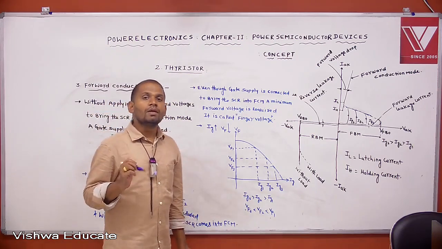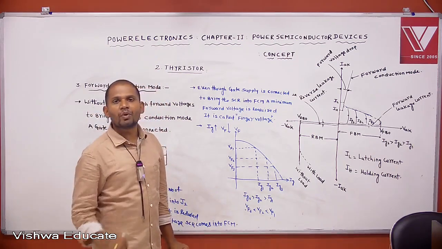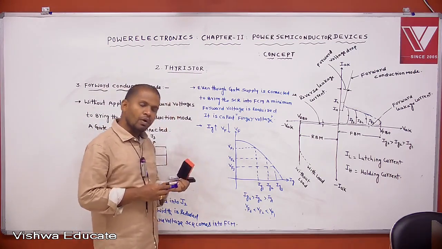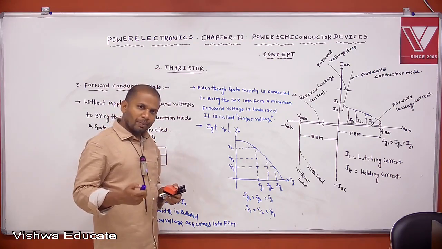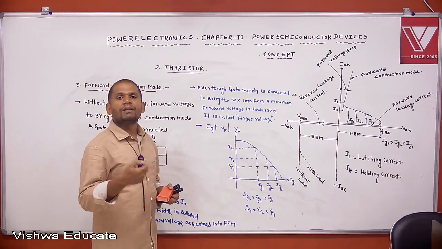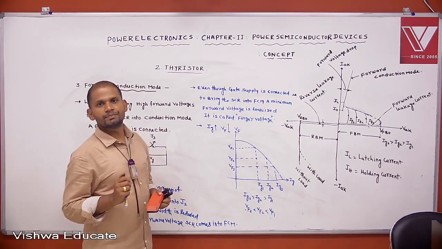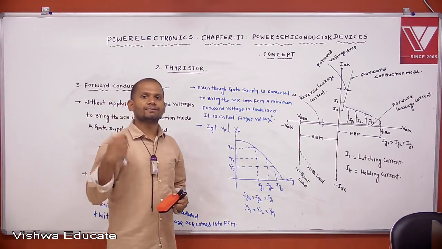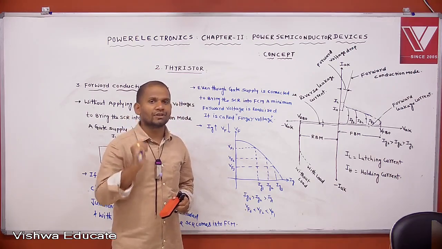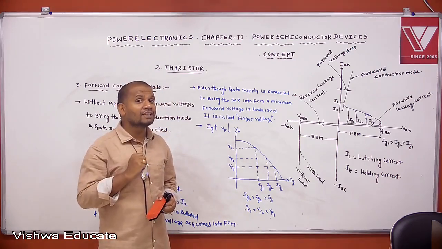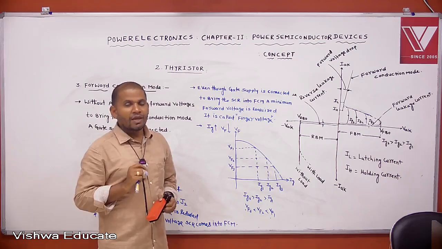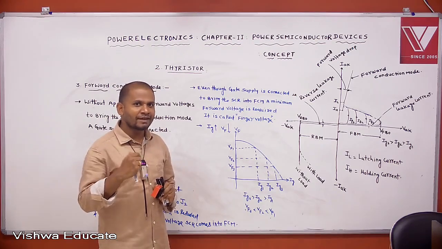Understood? Okay. But I want to extend this concept, important from a competitive point of view. We are applying the minimum forward voltage, connecting the gate supply and bringing the SCR into conduction. Now the SCR is conducting. Point to remember, when the SCR starts the conduction, J2 is closed. If J2 is open, it is an open switch, it does not conduct.